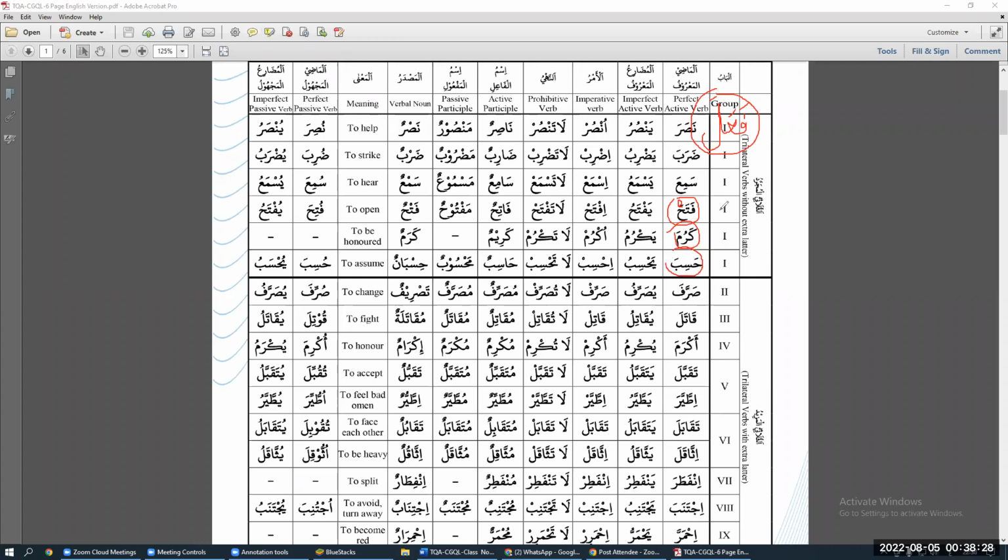So now let me tell you, these six we call form 1. Here you see as-sulasi mujarrad, meaning only the basic three roots, no addition.